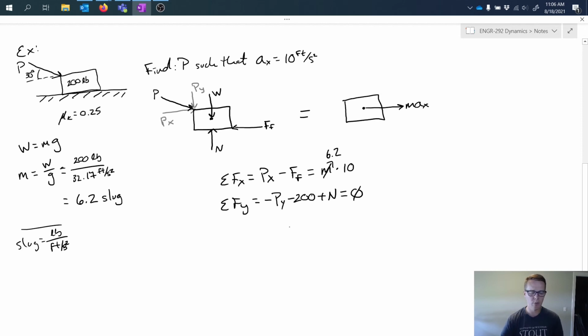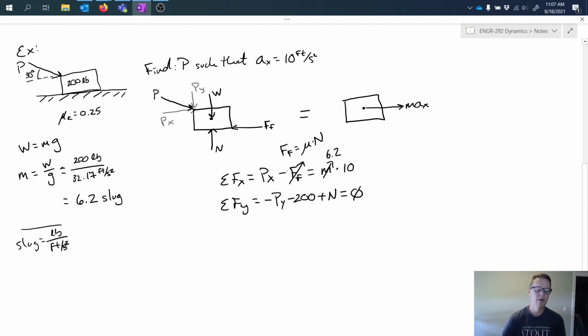One other thing that we can remember, though, is that force of friction is equal to friction coefficient times normal force. So that, given that we know what mu is, allows us to make that substitution and kind of eliminate a variable there.